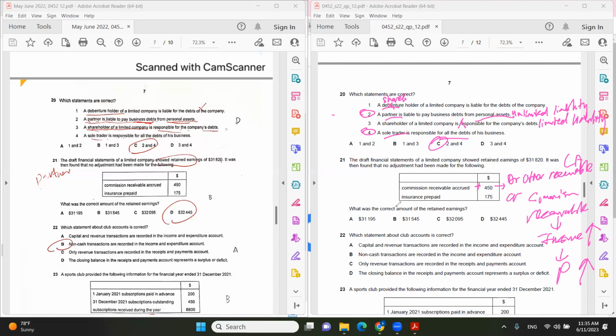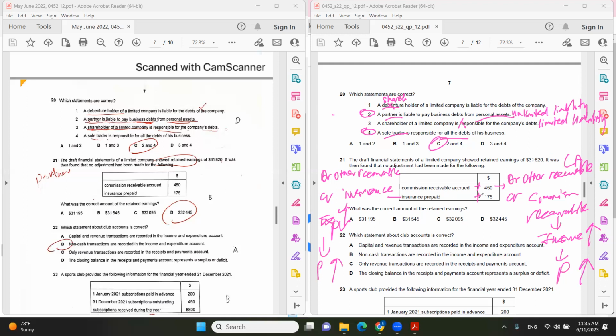Insurance prepaid. For insurance prepaid, I have to debit other receivable, credit insurance. When I credit insurance, insurance is an expense. Credit insurance, expenses decrease. When expenses decrease, profit will increase. So this one also has to be added.